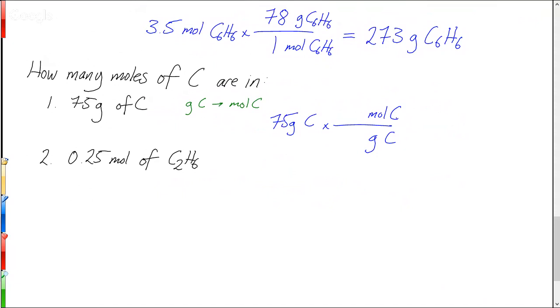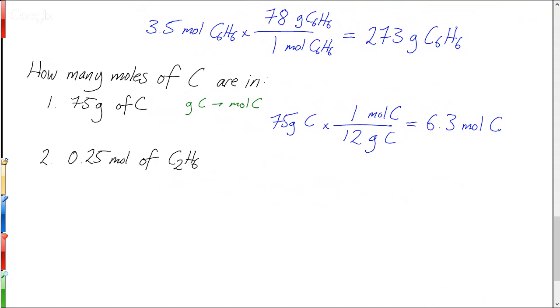It's 12 grams per mole. So the 12 grams goes here, the mole goes here. We calculate that by dividing 75 by 12. We get 6.3, and so now that's moles of carbon. So in 75 grams of carbon, that's 6.3 moles of carbon.